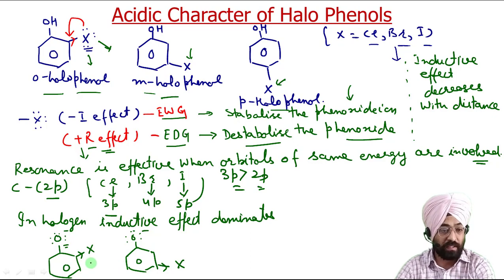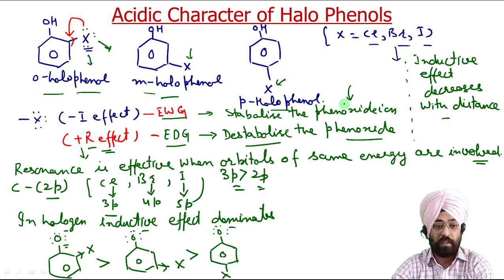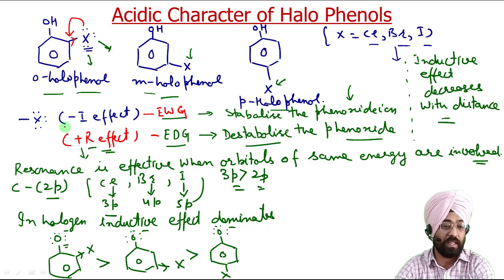That means this is more stable than this, and this is more stable than para halo substituted phenoxide ion, because inductive effect decreases with distance. Their stability is because of inductive effect, and inductive effect is maximum at ortho, then at meta, then minimum at para.